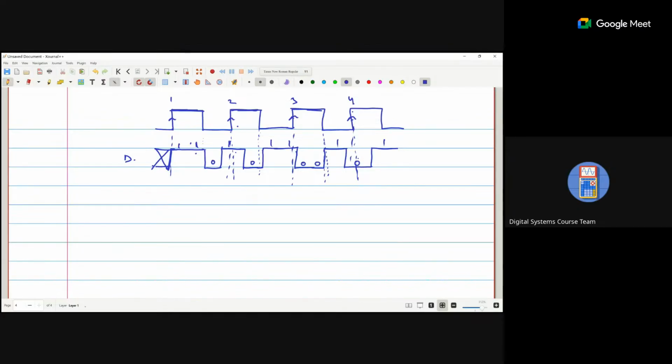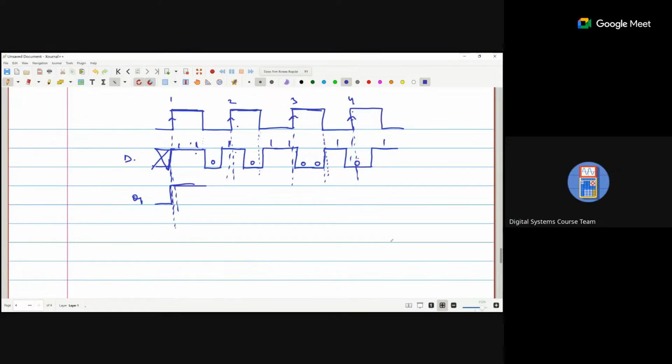If I am talking about the Q1, so what is Q1? For the positive level, the data is the same. For the negative level, no change.